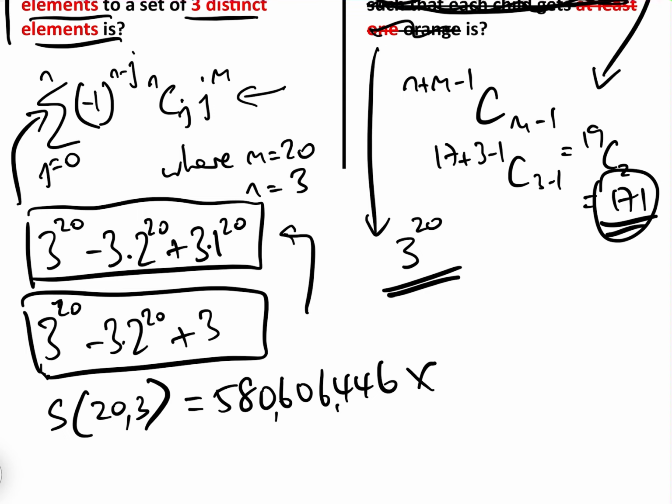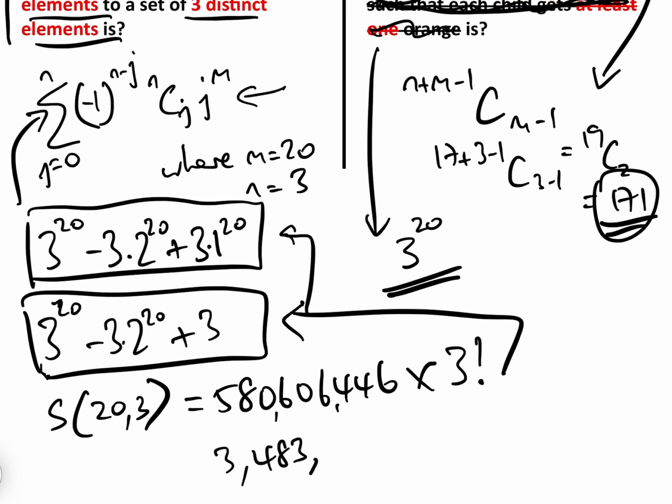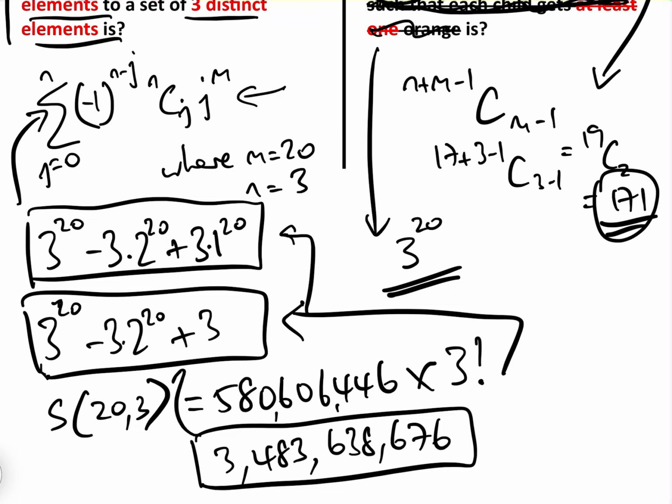If we multiply that by the number of children factorial, which is 3 factorial, we get this answer, which is 3,483,638,676. So you can see that the number of ways of distributing 20 distinct oranges to 3 children, such that each gets at least 1 orange, is substantially more than the number of ways of distributing 20 identical oranges to 3 children, such that they each get 1.